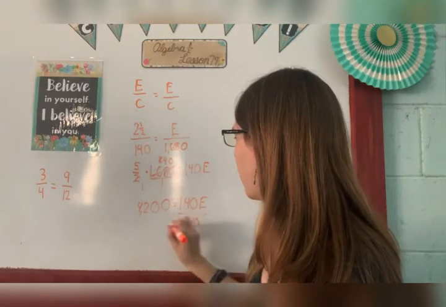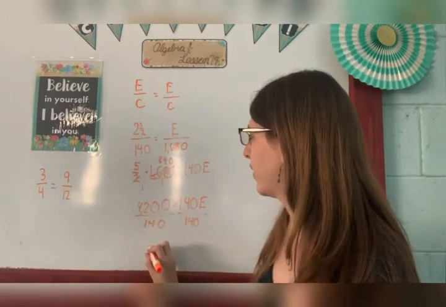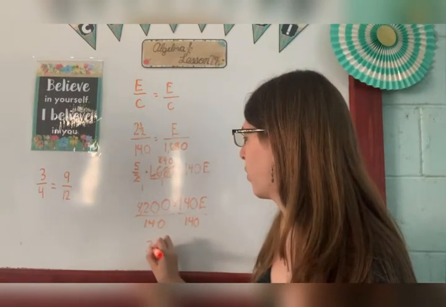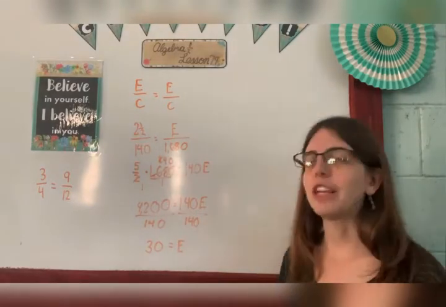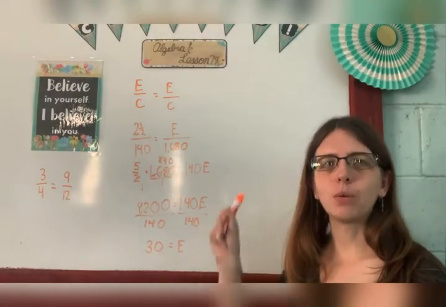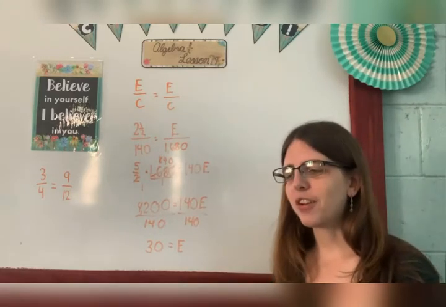Divide both sides by 140 to get your variable by itself. 4,200 divided by 140 gets you 30 eggs. So you need 30 eggs to make those 1,680 cookies.